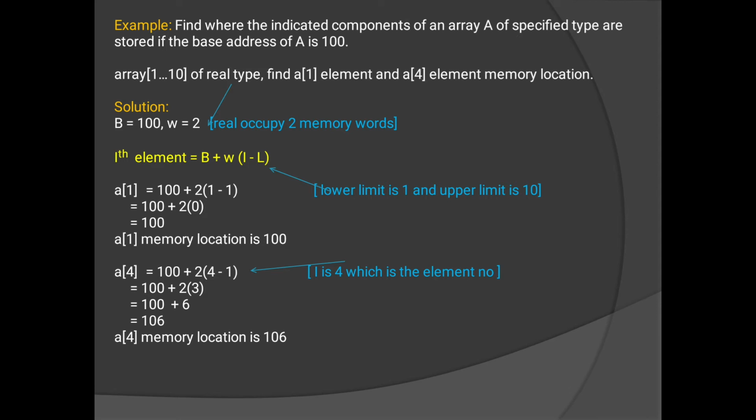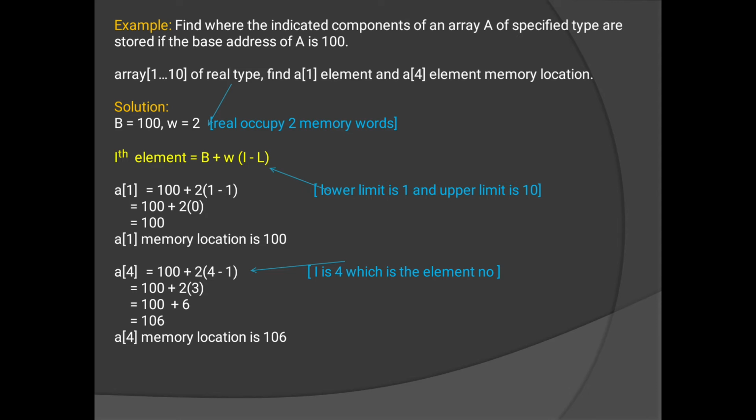So you see that the A4 memory location is 106, which is in a sequential format, because here A1 is 100, right? A1 is 100, and each element occupies two memory words.